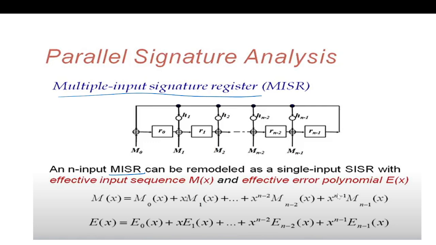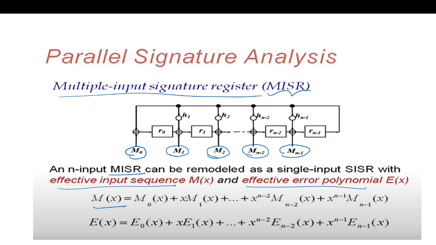And the MISR is the multiple input signature register, where we can see we have multiple inputs. To model this, we have M of x, which is the effective input sequence, and E of x, which is the effective error polynomial.